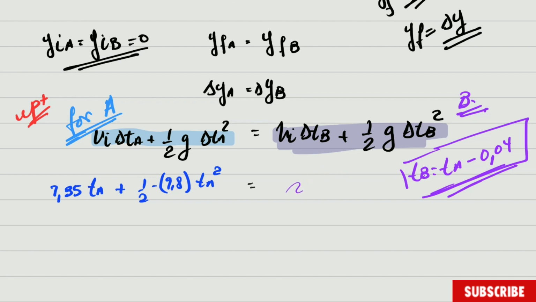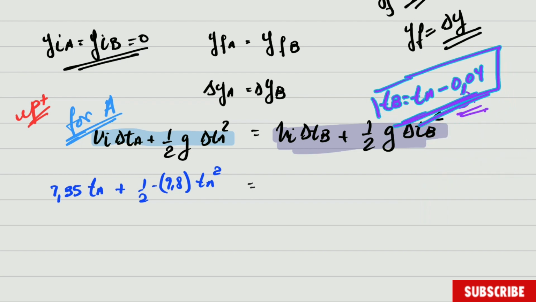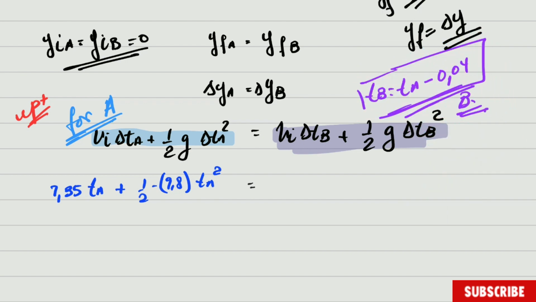And on this side, we have that the initial velocity is 11.025 multiplied by TB plus half, same story, minus 9.8 multiplied by TB squared. Let's quickly move this all the way up so we can use that space.